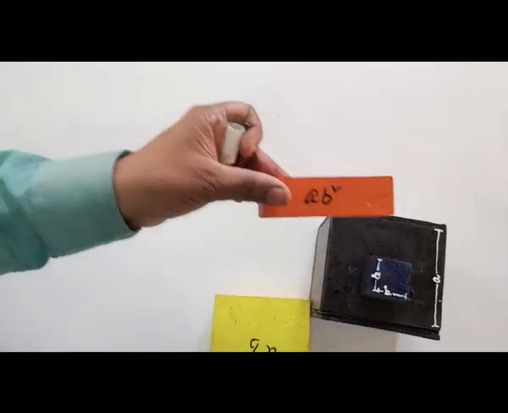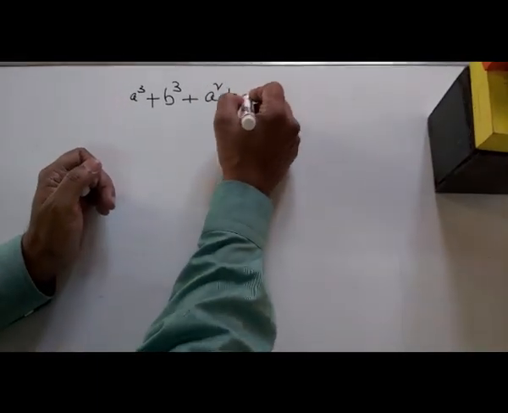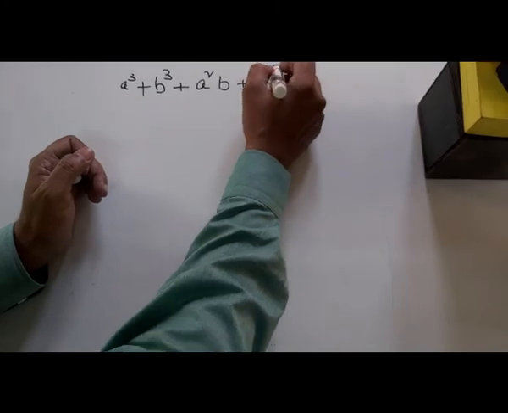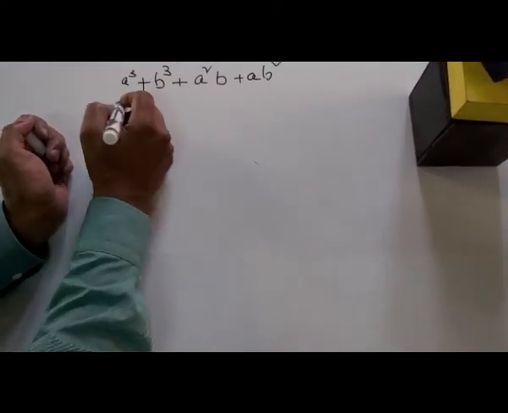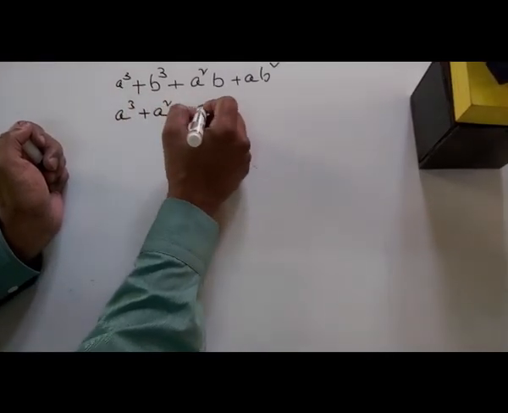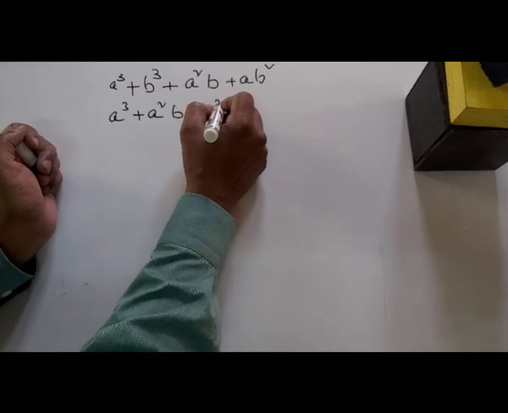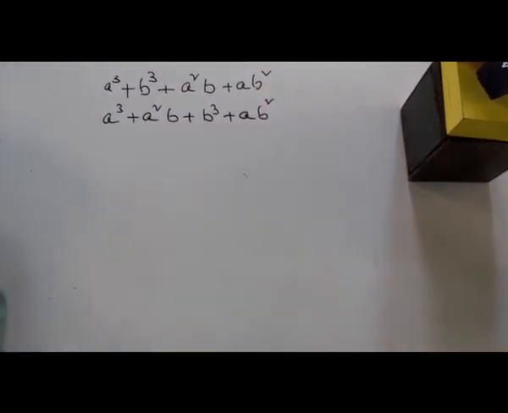The total volume is A cube plus B cube plus A square B plus AB square. I will do some calculations here. Bring this A square B here: A cube plus A square B plus B cube plus AB square. I just rearranged. So this is the volume of the solid.